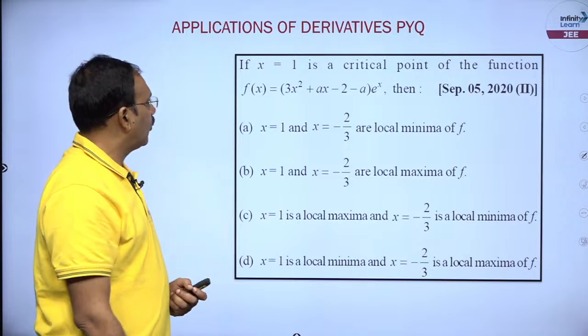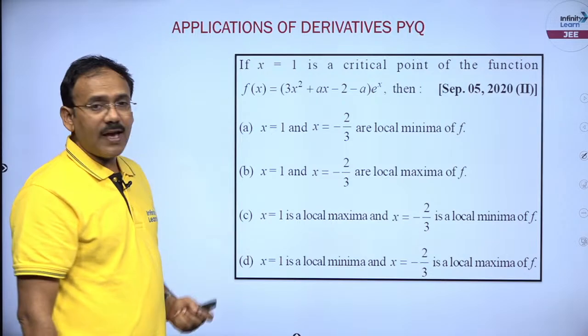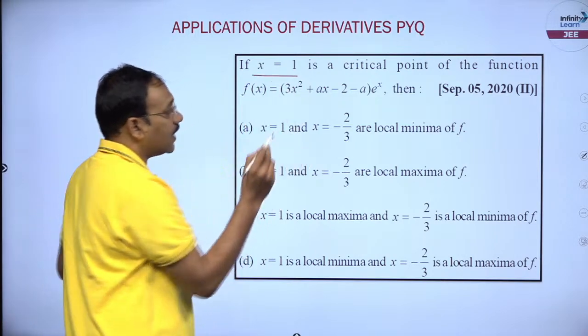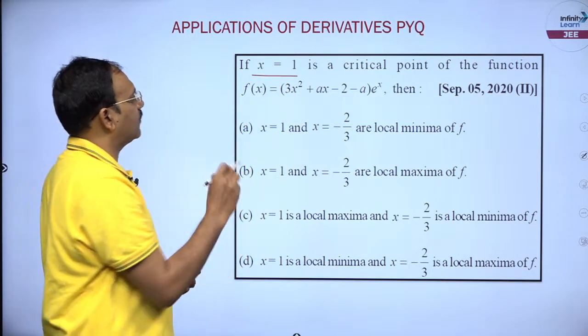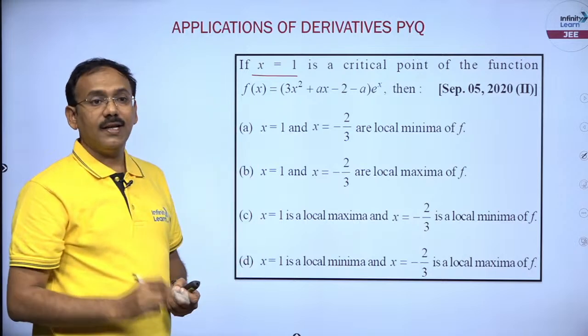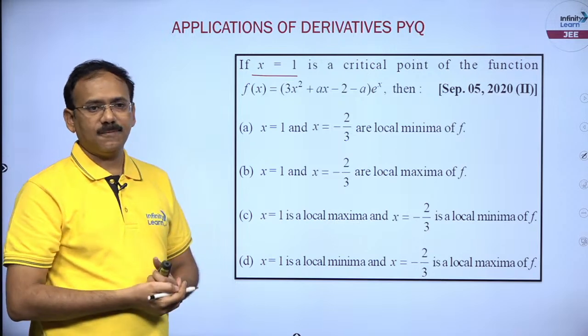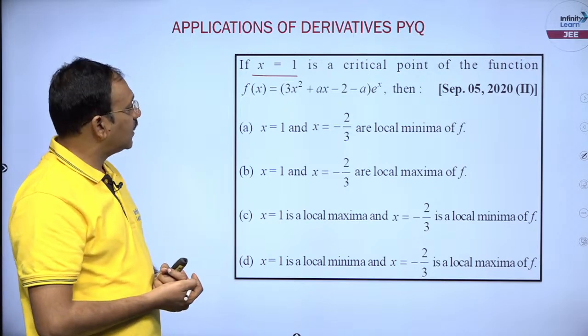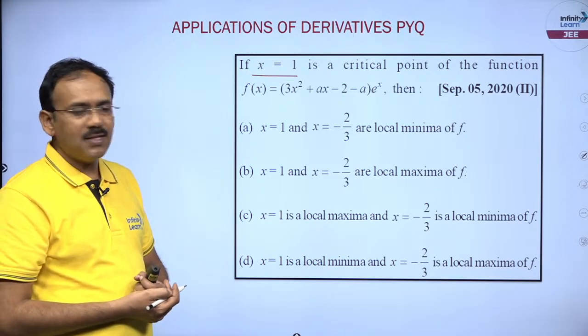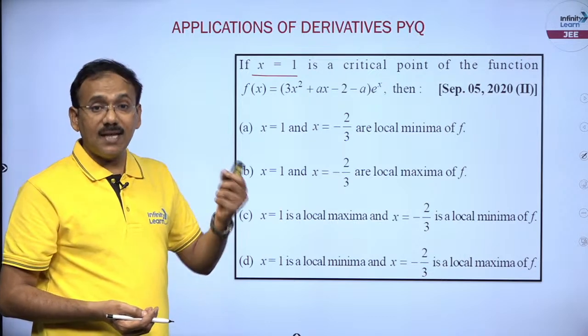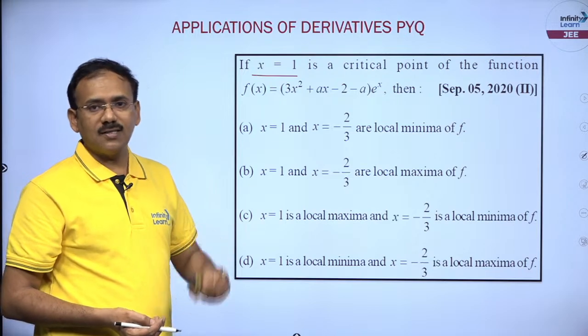If x is equal to 1 is a critical point of this function, then what can you say about these options? Dear student, critical point means at the point x is equal to 1, the derivative must either be 0 or does not exist.